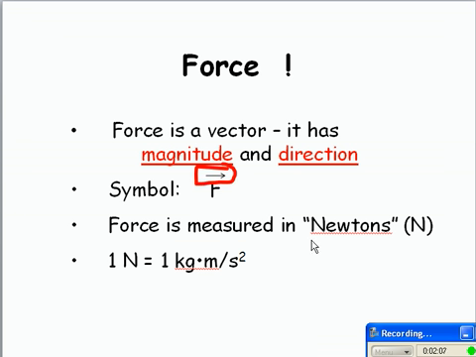The unit for force is the Newton. The Newton is named after Sir Isaac Newton, who discovered these laws. The capital N is the abbreviation for newtons, and you can see there the units for newtons. A lot more about that later, but you can just notice that for now.